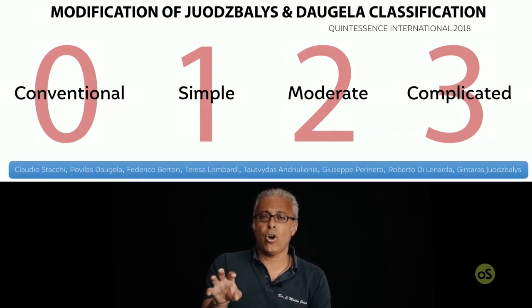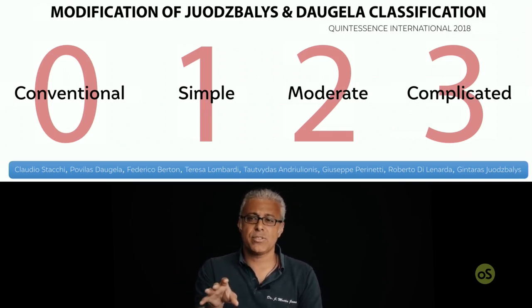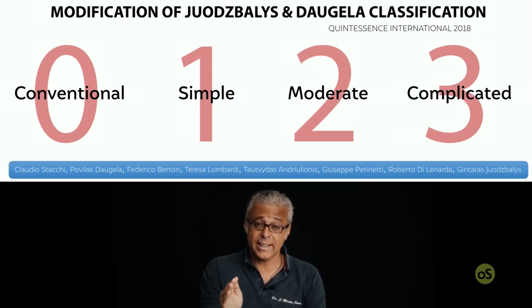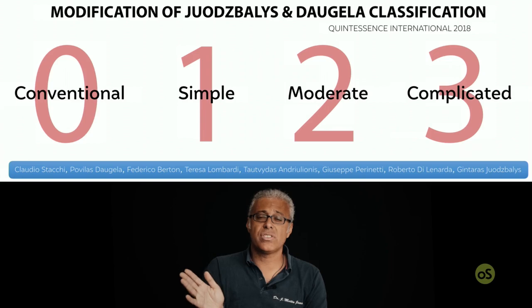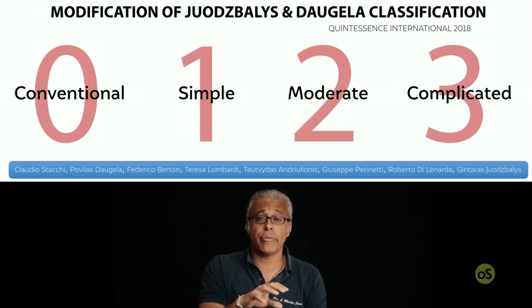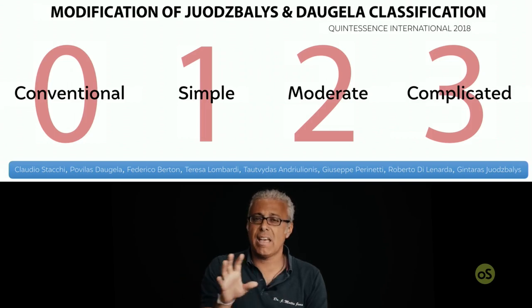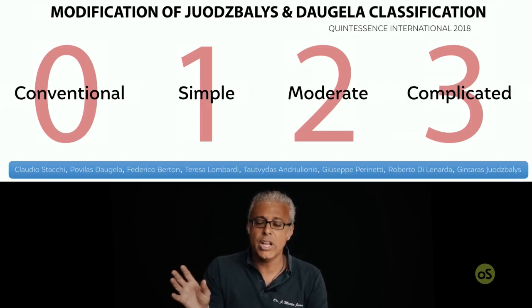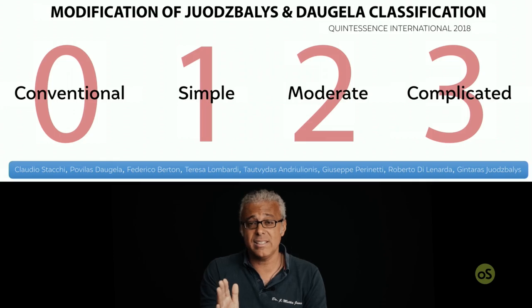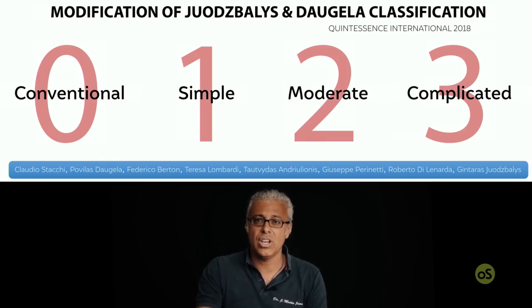Obviously, this kind of classification and risk assessment has to be done when we have a CT scan, a CBCT, and it is important for risky teeth, not for straightforward teeth. So if we just have an OPG, a panoramic X-ray, we will still use the Winter and Pell-Gregory classification, whereas if we have a CBCT, then we can apply this risk assessment classification.